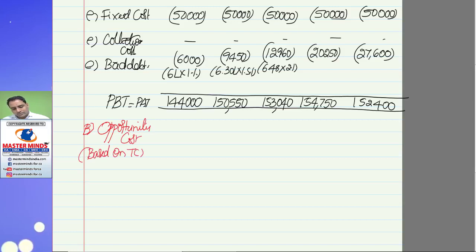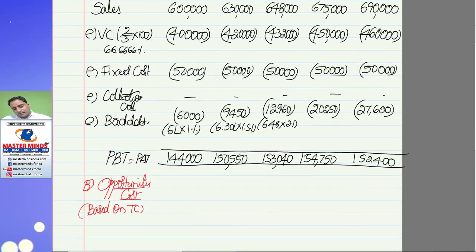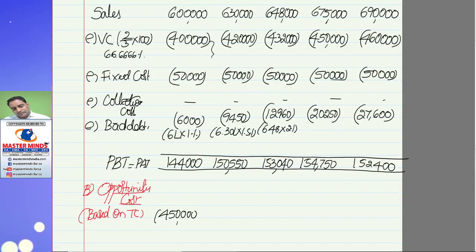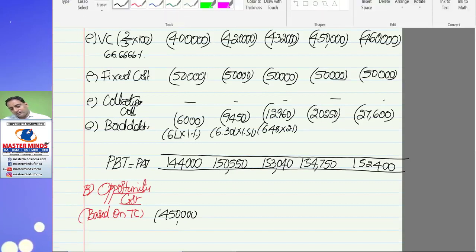Based on total cost, 4,50,000 is the total cost. I am adding variable plus fixed.